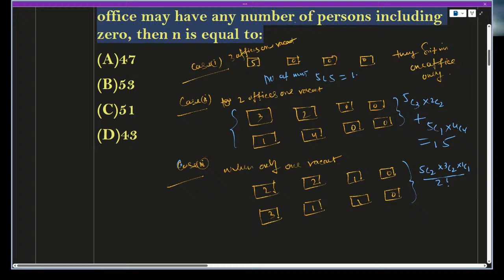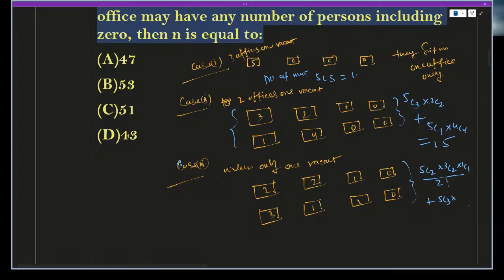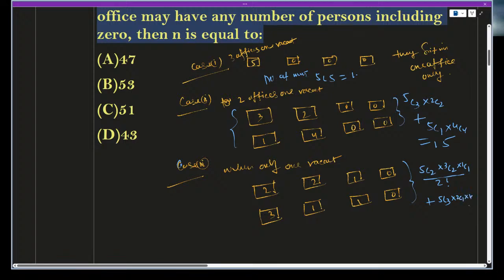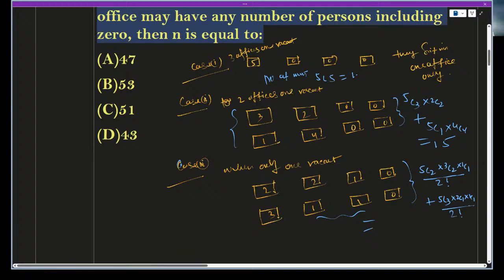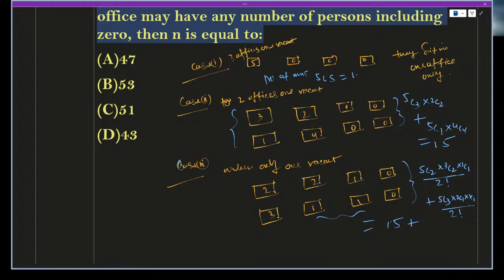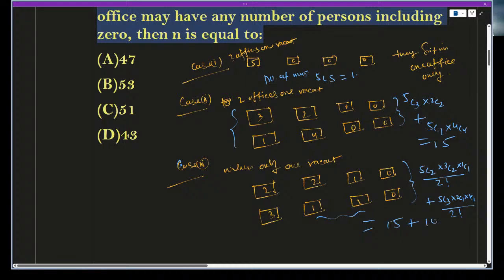So divide by factorial 2, plus 5C3, then 2C1. Here also you cannot distinguish between these two, so you must divide by factorial 2. What's the answer you are getting? Check. 10 into 3, 30, 15 plus, just check. 15 plus 10, 25.